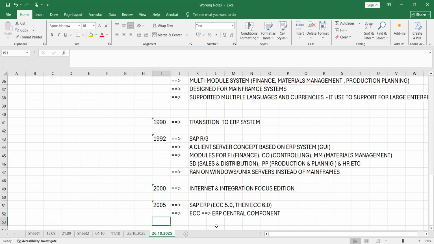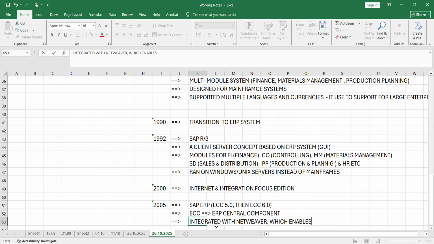And here in this 2005 version it is integrated with a new product called NetWeaver. Integrated with NetWeaver, which enabled web services.